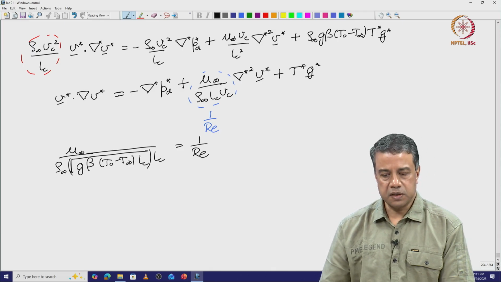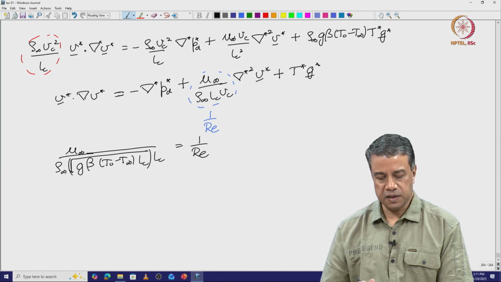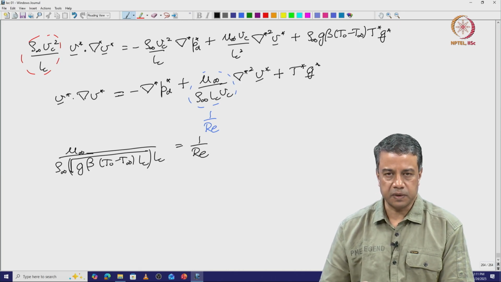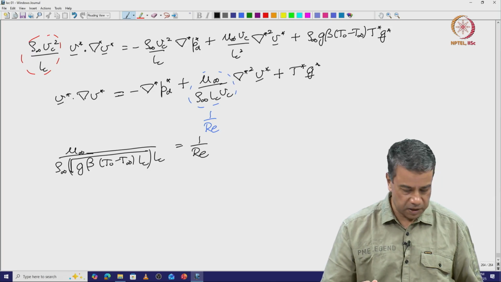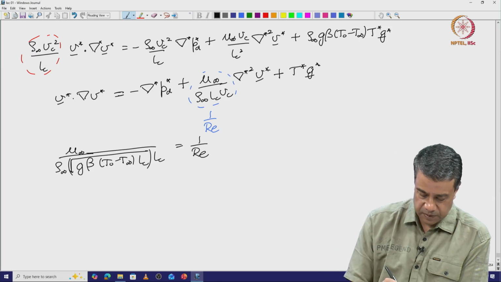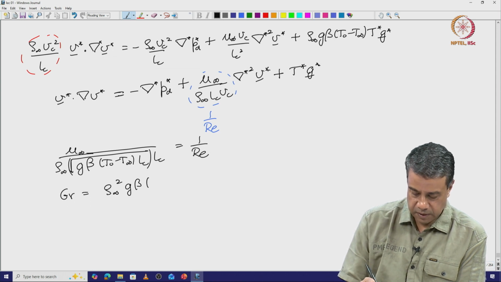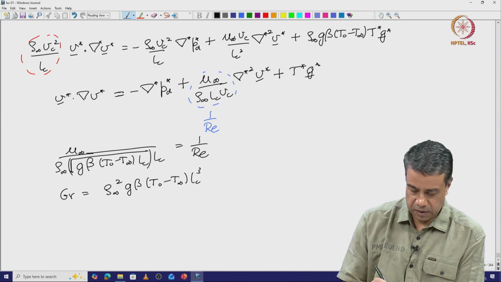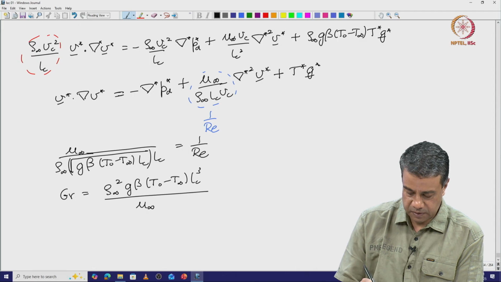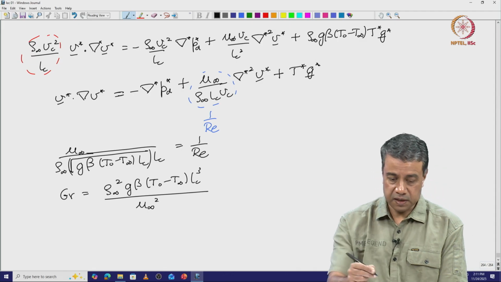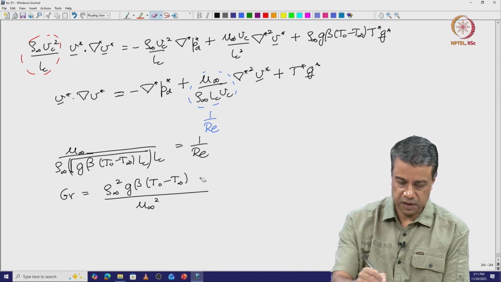The way this dimensionless group is traditionally defined is in terms of what is called the Grashof number, defined as rho infinity square g beta T naught minus T infinity L c cubed divided by mu infinity square. That is the classical definition of the Grashof number.